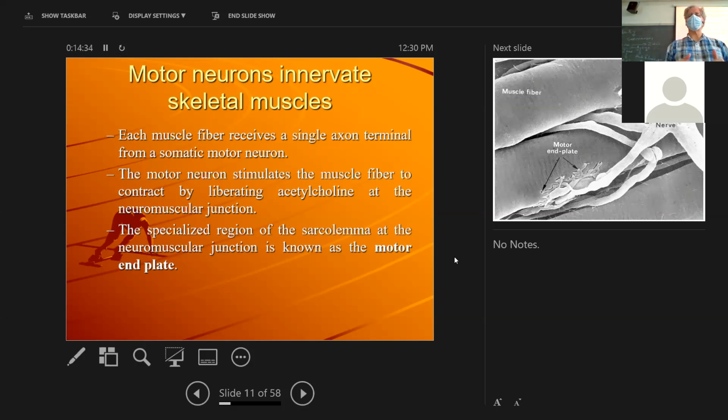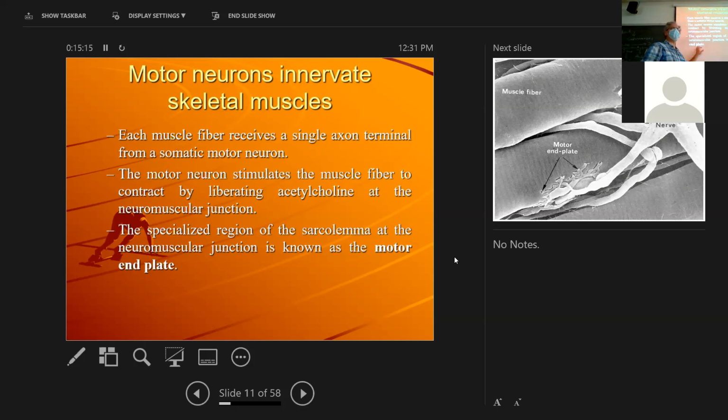Now, this is a bit of a difficult thing, because in order for a muscle cell to be activated, it needs an action potential from that motor neuron. How are you going to innervate all these different muscle cells? The axon of that motor neuron branches extensively. And it's going to then form a synapse with the muscle cell.